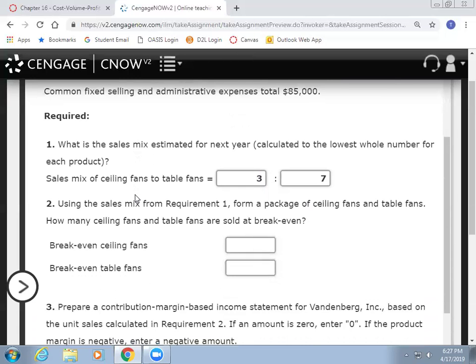Now, to break that down by ceiling fans and table fans, we take the packages times the sales mix. For ceiling, it would be 768 times 3. And for table, 768 times 7.